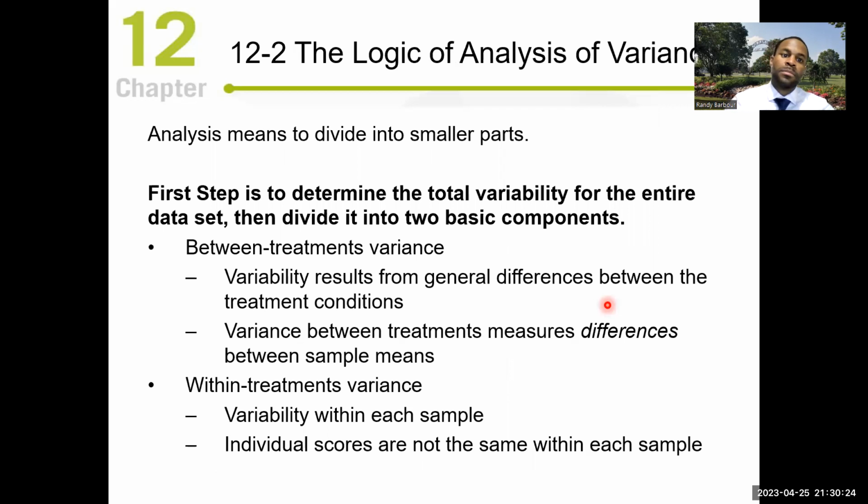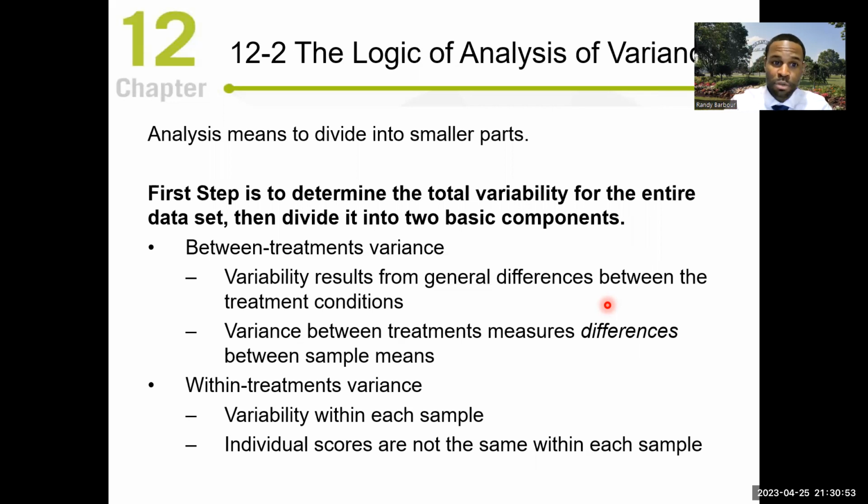All right. So when we talk about the analysis of variance, this is the logic behind it. We talked about the differences between groups, between each sample. We also talked about the differences within groups. So analysis of variance means that we're dividing the entirety of our variance into smaller parts, specifically two parts.